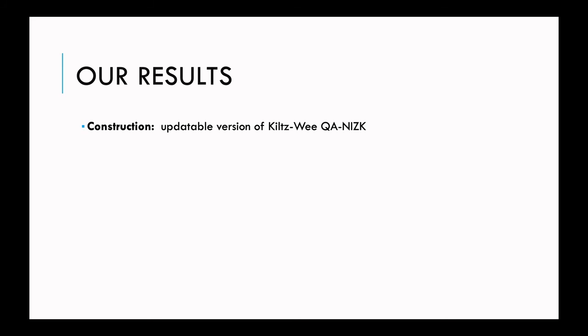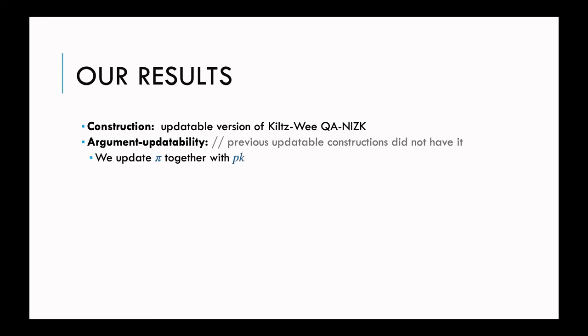We construct an updatable version of Groth's VC CONISC. This is the most efficient existing CONISC, where the argument length is just one group element. We have an extra property in the case of updatability, namely we can actually update the arguments.